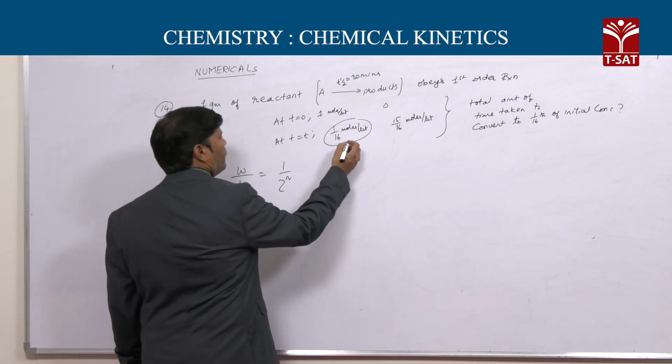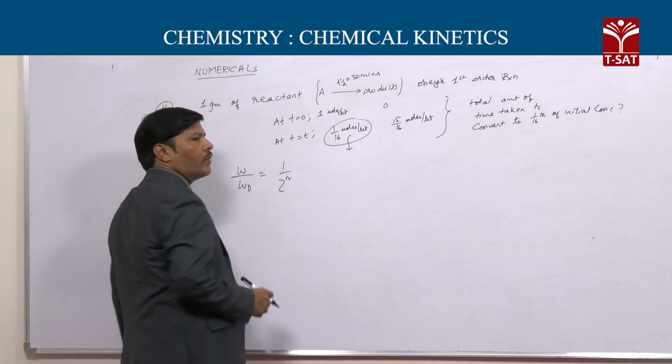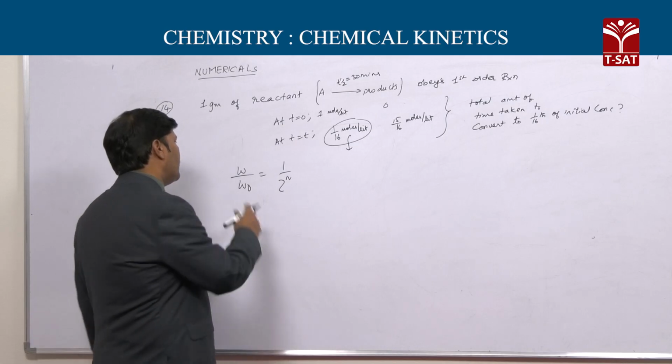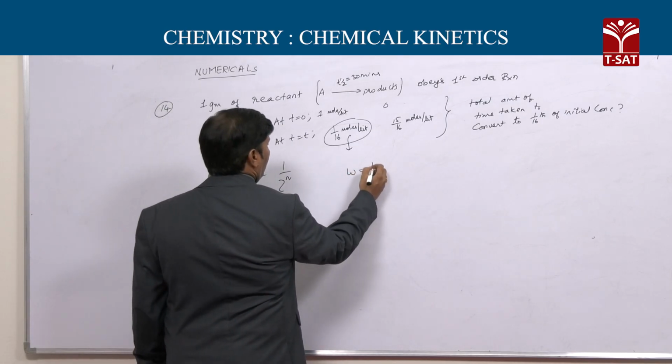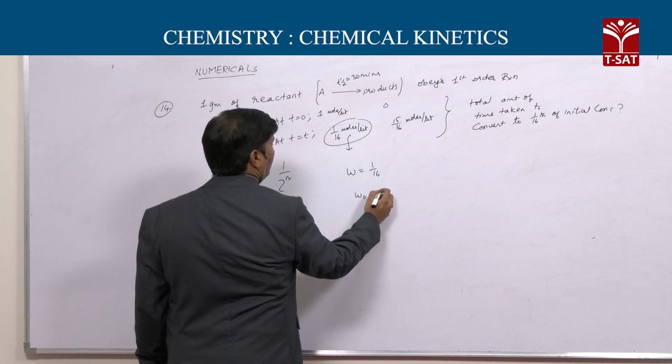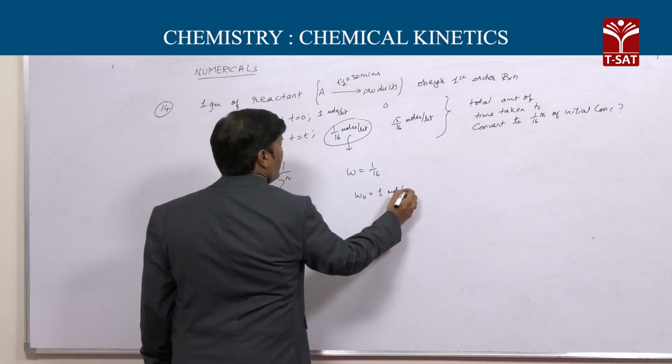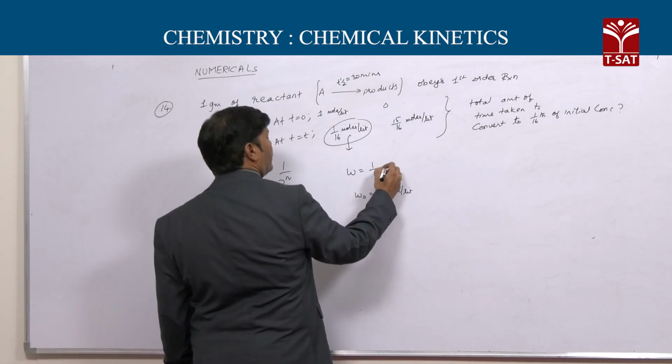We already knew that 1 by 16 is the remaining concentration after the lapse of time. W is the remaining concentration: W is 1 by 16, and W naught is 1 mole per liter.